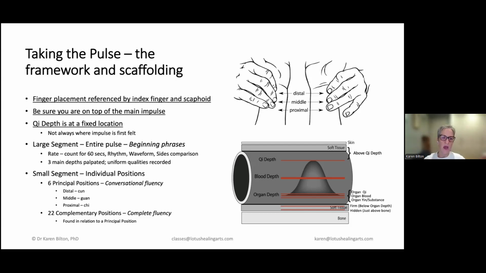Is it going out and up too much? Is it too deficient and going up? So when you are using all the large segment to its fullest extent and the small segment, you have an incredible amount of information as to how that process of yang unfolds in a person.